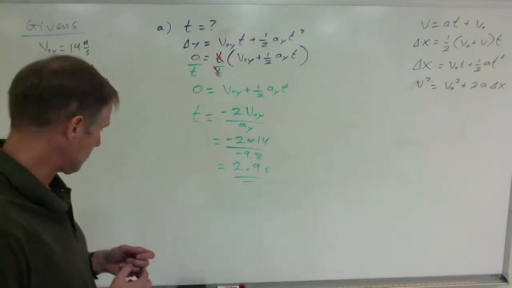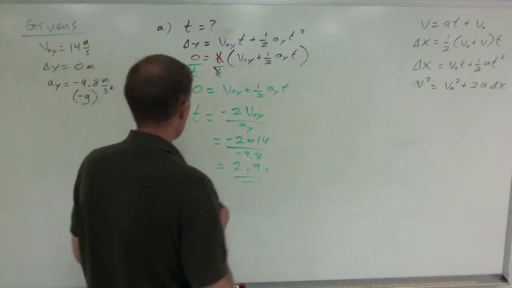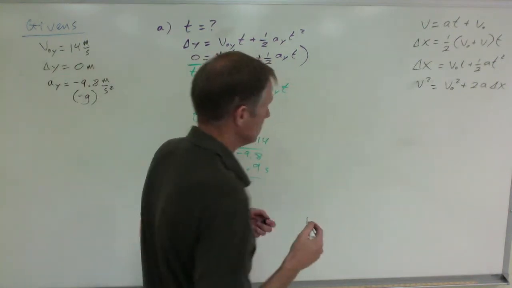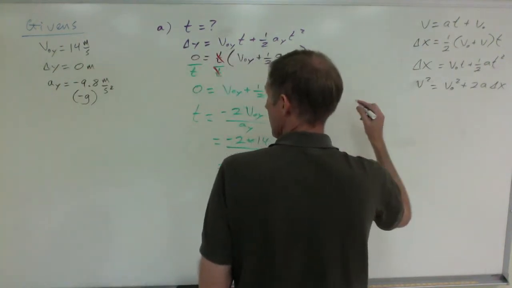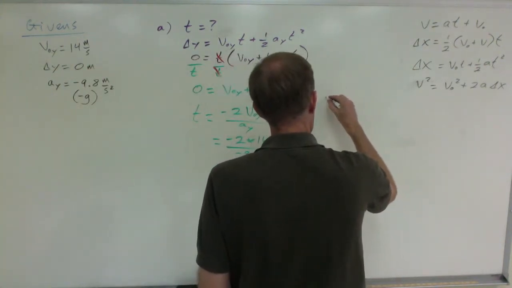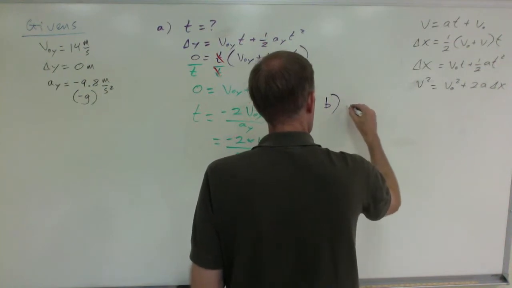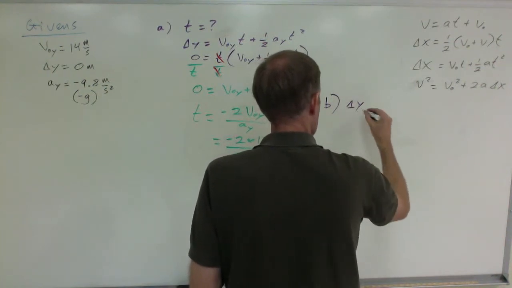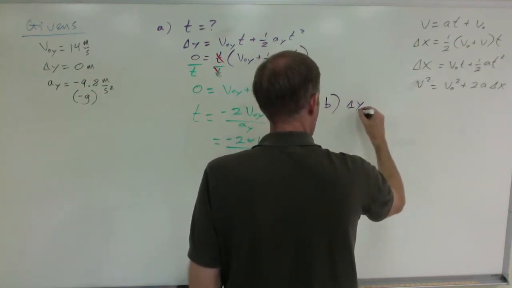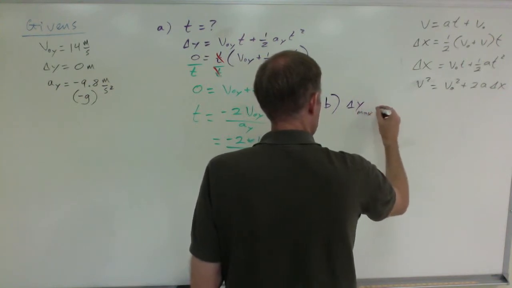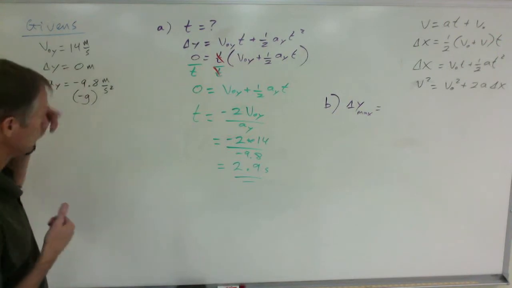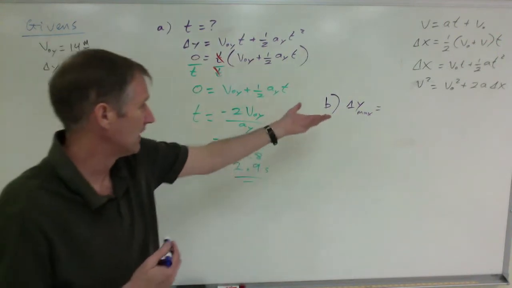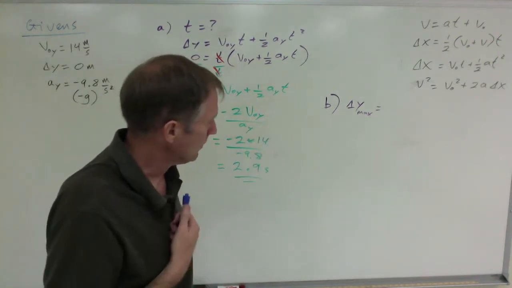How about the maximum height? How high does it go? Well, there's a couple ways to do that. I'm going to put a max there because it's the maximum height, just so I don't confuse it with the delta y equal to 0. Some people use an h, whatever.